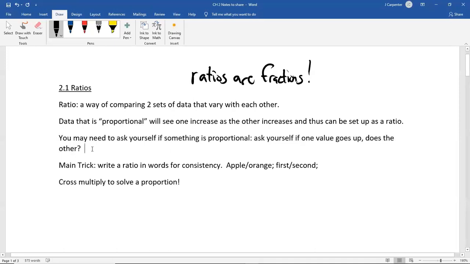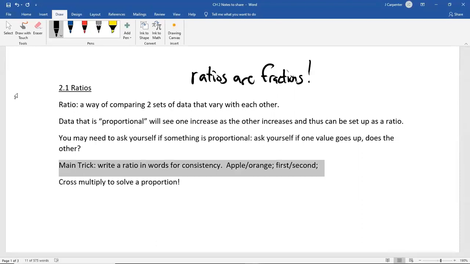Now, when you actually get to the solving of your proportions, there is a main trick that I am going to always do, and I suggest that you always do as well. I highly suggest it. I would demand it, but it's hard to demand things when I can't watch over your shoulders constantly, right? So just pretend that I demand this of you. Write your ratio in words for consistency. Use your words.